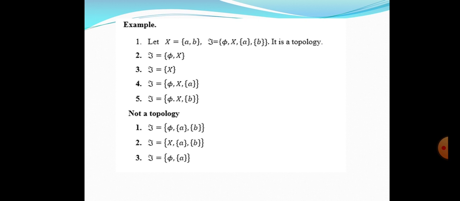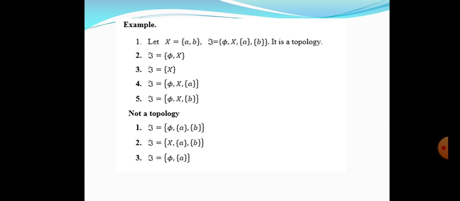What is the first property? Empty, X are in tau. First you take the two elements in tau, empty, X. Here empty is there in tau. X is also there in tau. So empty and X belong to tau, which means the first property is satisfied.